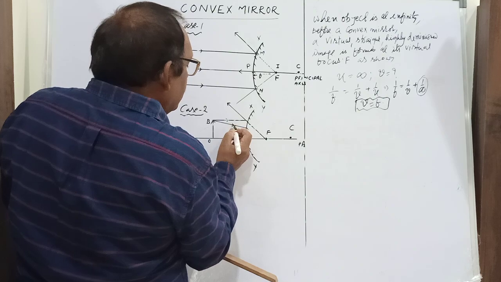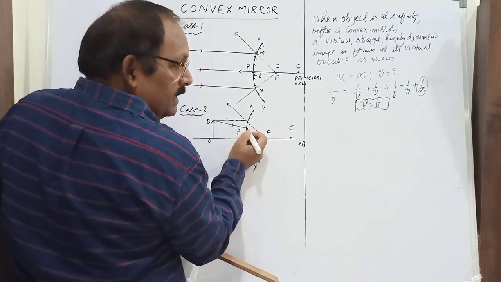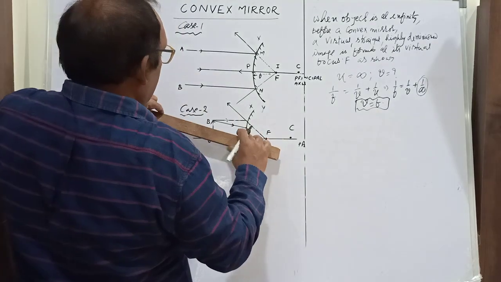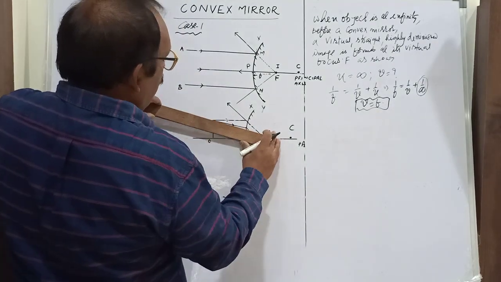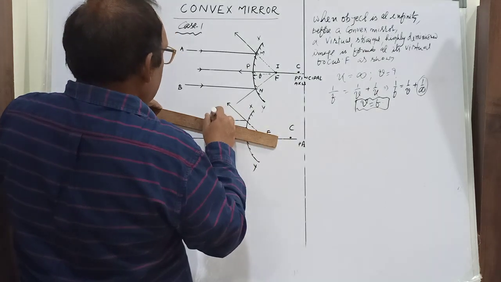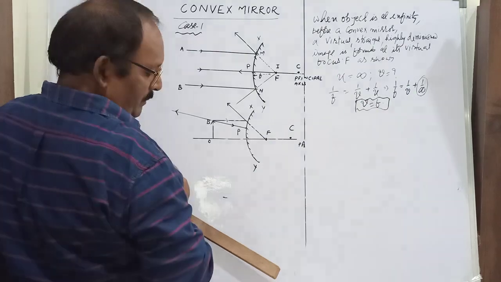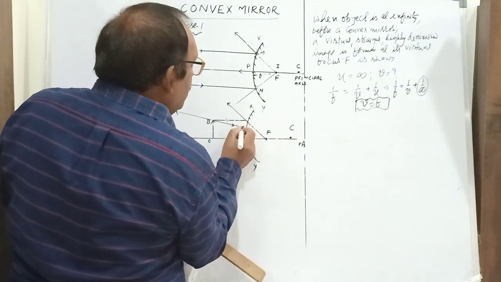It makes a 90 degree angle with the surface of the mirror, therefore it retraces its path. It retraces its path, going like this.